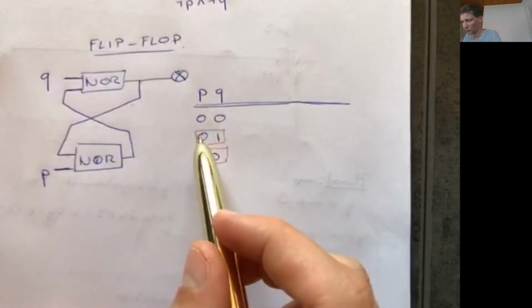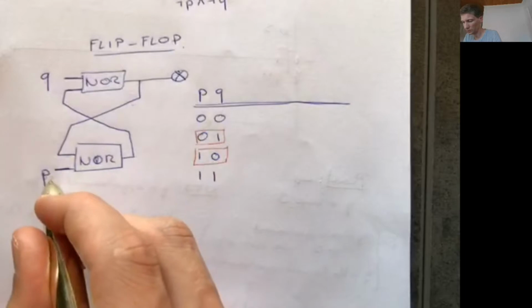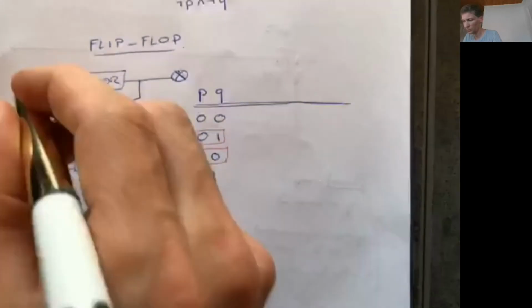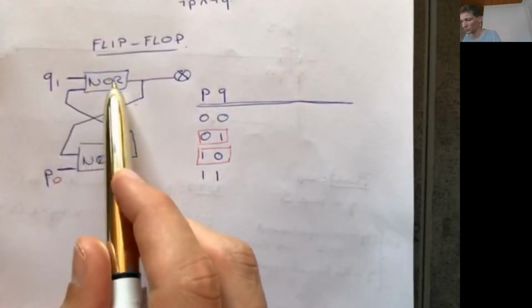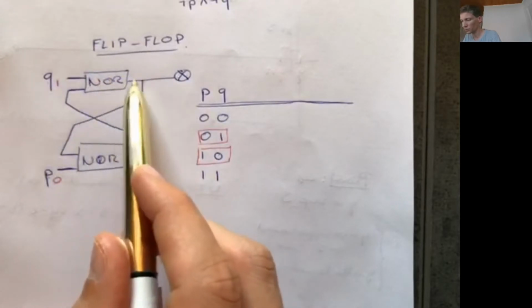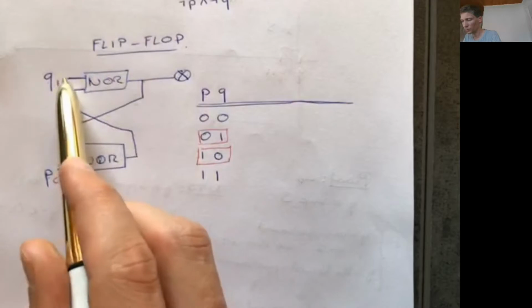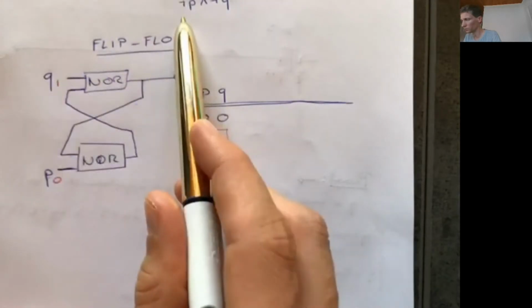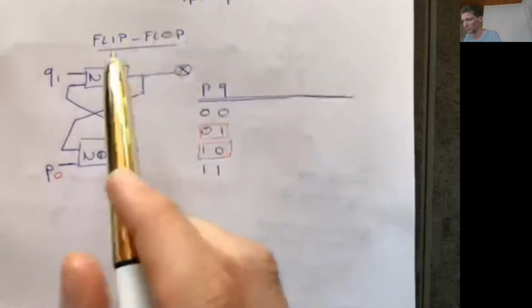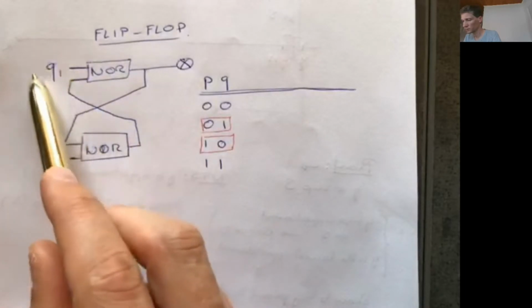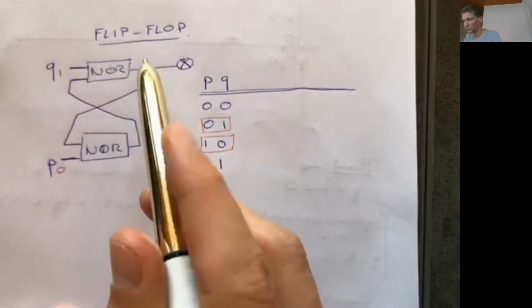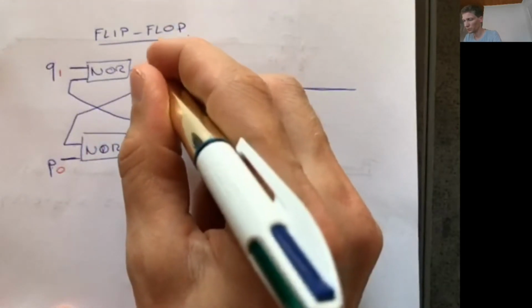So first assume that P is 0, so we have 0 here, and that Q is equal to 1, so we have an input of 1 here. This is a NOR gate, so its output is equal to 1 only if both inputs are false. So here, not both inputs are false, right? Because Q is 1. So the output, whatever it will be, will be equal to 0.